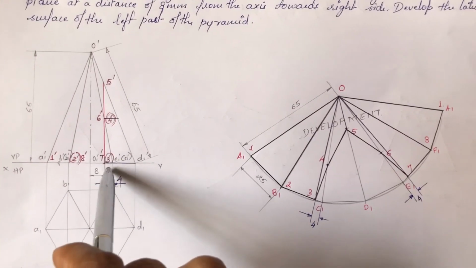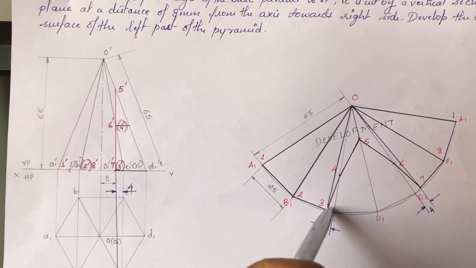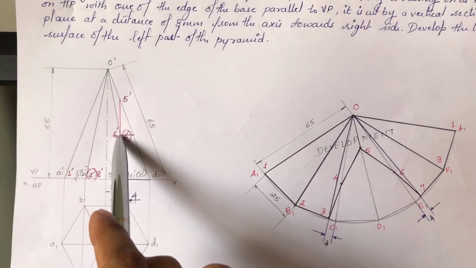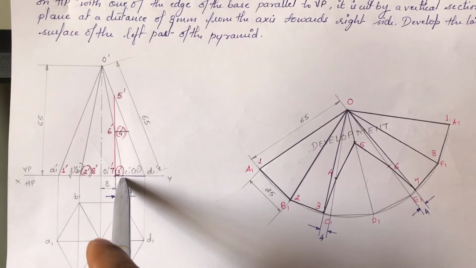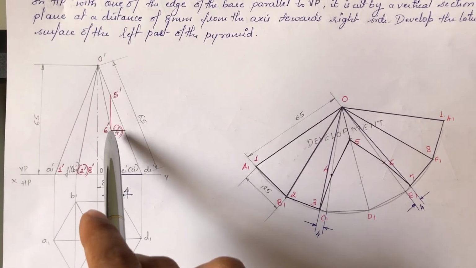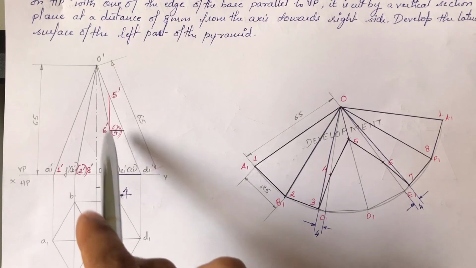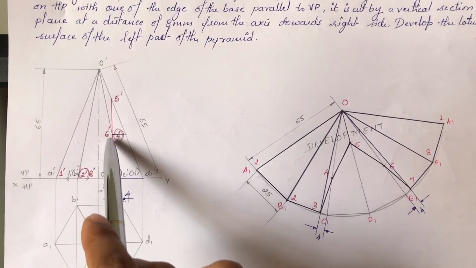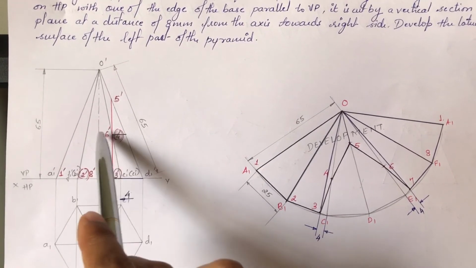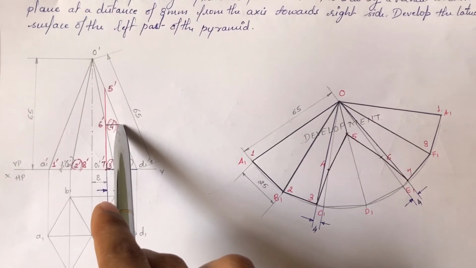Once you get this 3 point marked, next is 4. 4 is where? 4 is actually on OC, but OC is in its apparent dimension, so I have to project it to the true dimension. So this is 4.